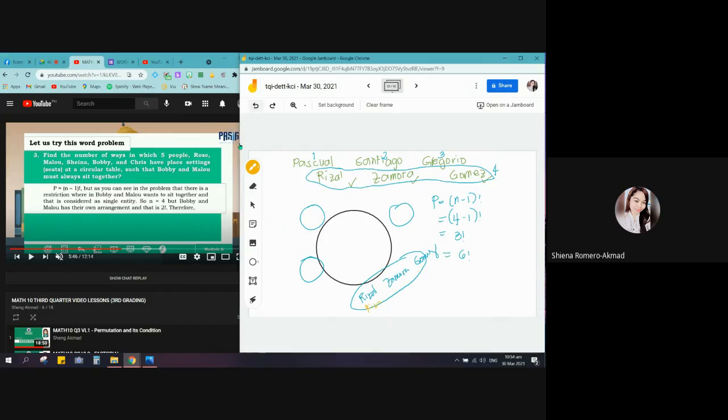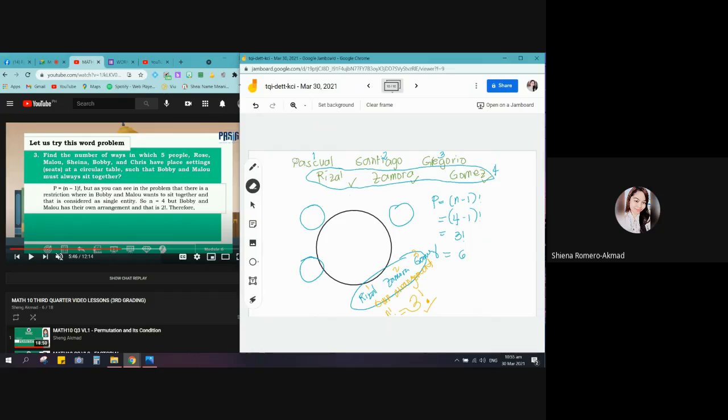Okay? So aside from solving for the whole, you consider their own arrangement. Their own arrangement, the three of them can swap, and that is 3 factorial. That's n factorial and your n here is 3, 1, 2, 3. So that gives us 3 factorial.